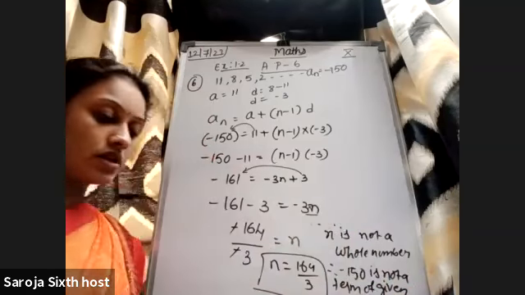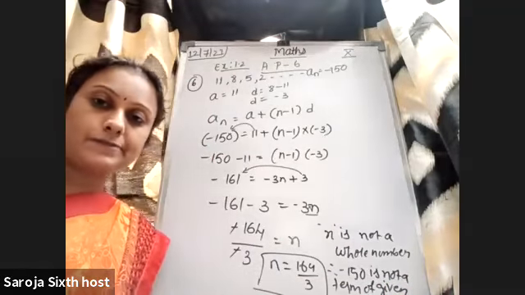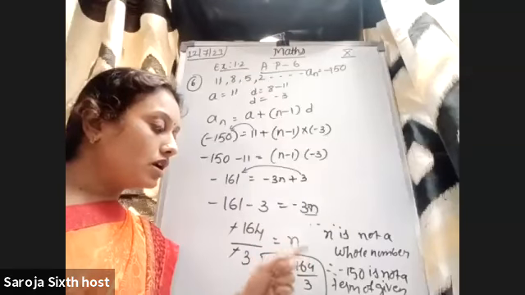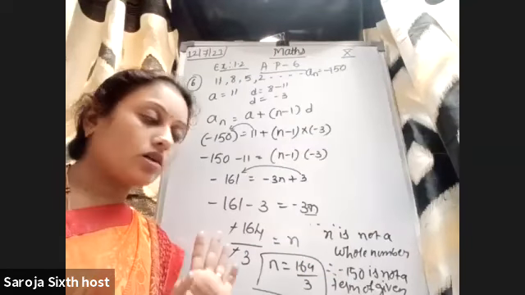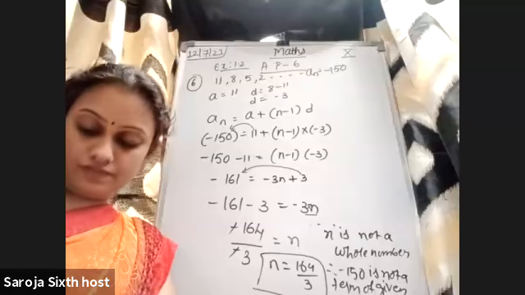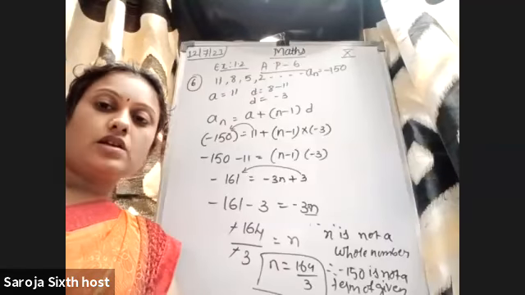I think in the notes this sentence is not there. Yes, ma'am. Okay, you must write it. Is it clear? Only this sentence: n is not a whole number, therefore minus 150 is not a term of a given AP. Is it clear for you? Yes, ma'am.